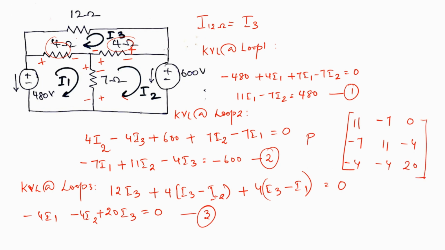So this is going to be my R matrix. So if I need to find out the value of I3, I should actually compute delta 3 by delta. In order to obtain the value of delta 3, I'll have to replace the third column with the constants of my equation. So how can I do that?